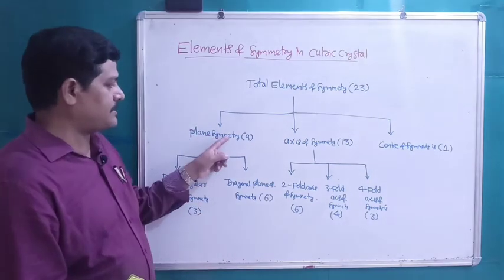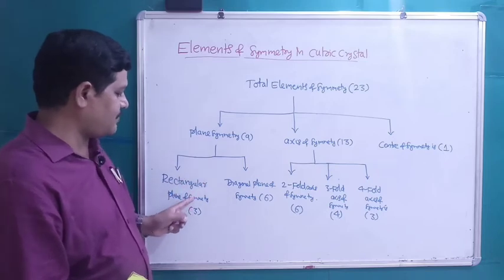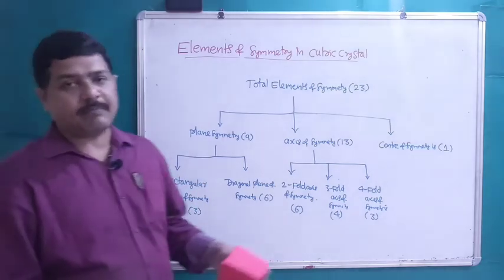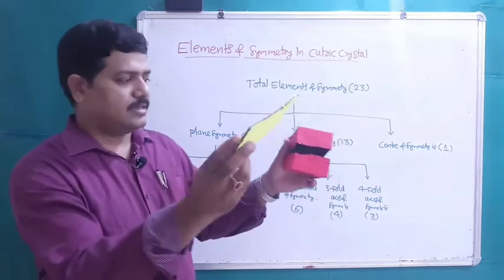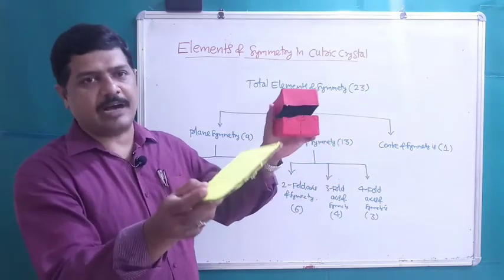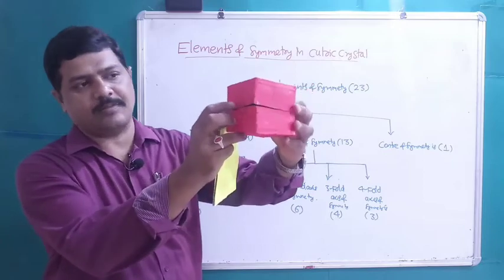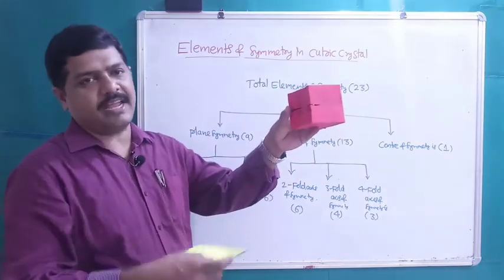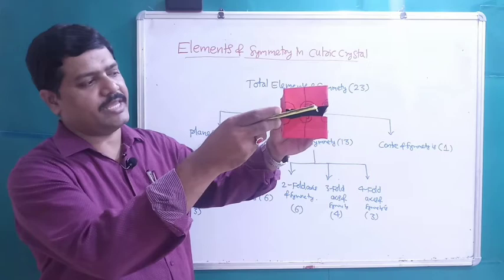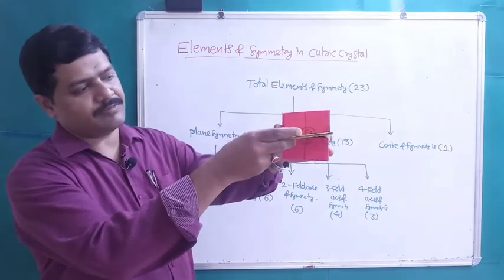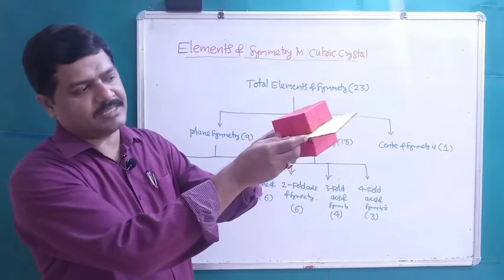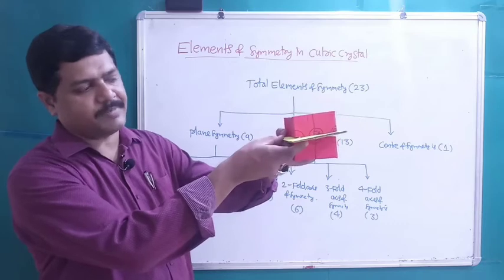Students, in the plane of symmetry, first the rectangular plane of symmetry: the plane which cuts the cube into equal halves. Assume this is a cubic crystal. So this plane which cuts it into equal halves, like this, one plane is possible, which is called a rectangular plane of symmetry.